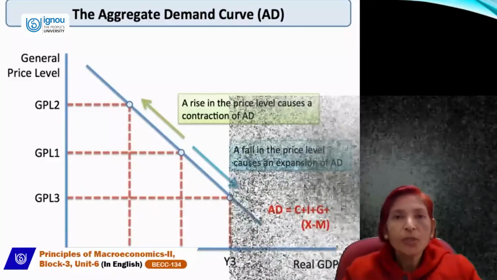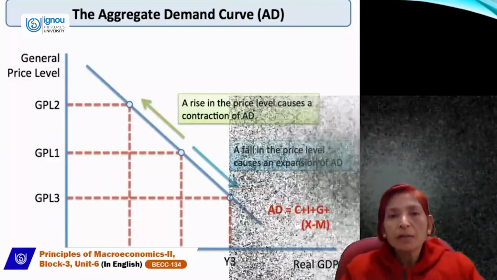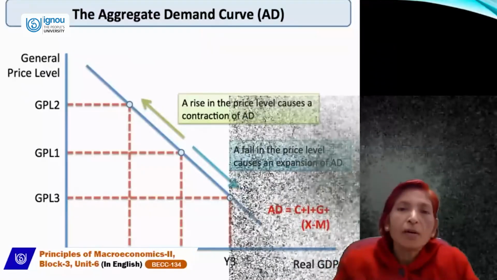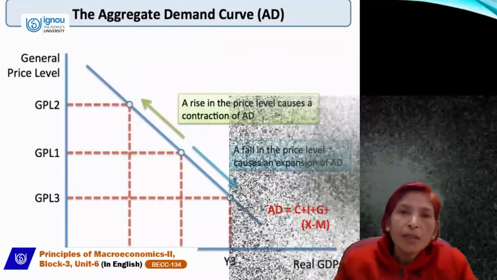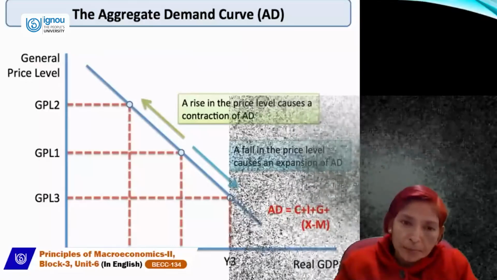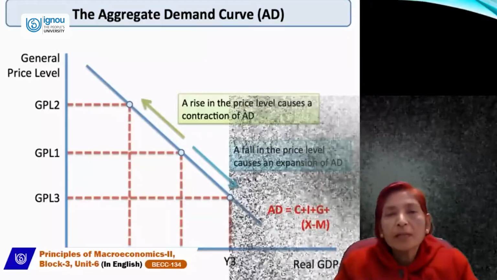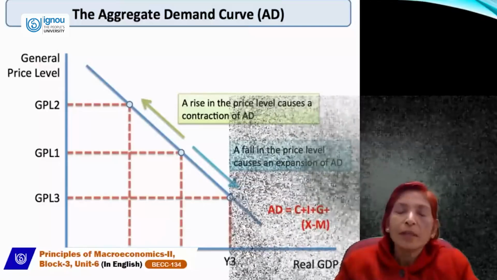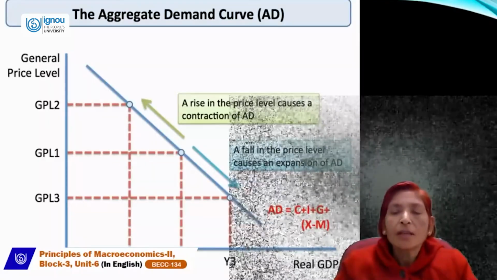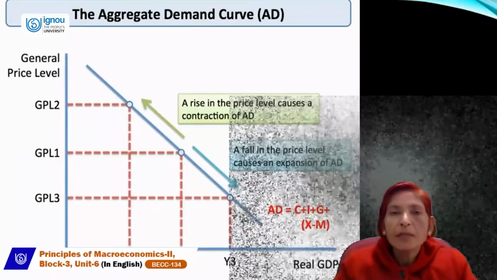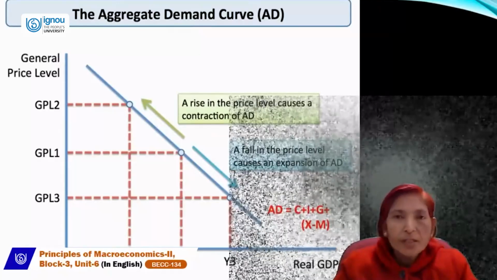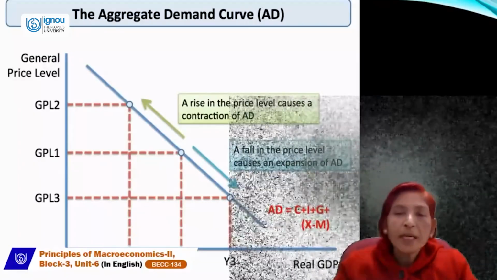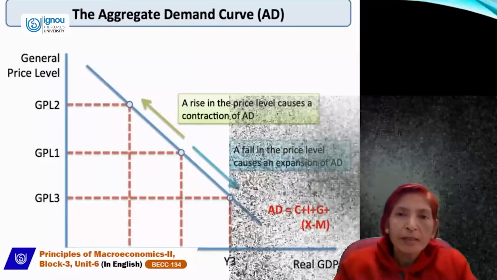So if we show upward movement and downward movement on the same demand curve, that is called movement along the aggregate demand curve. And the aggregate demand curve can move due to change in only price level, other factors remaining constant.